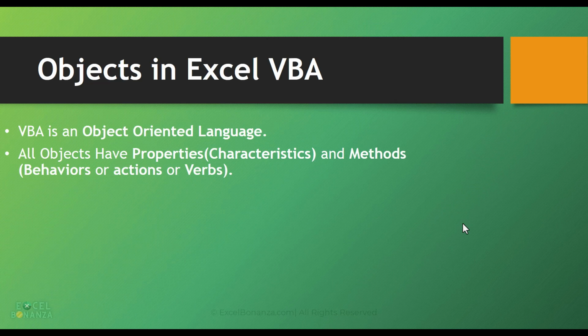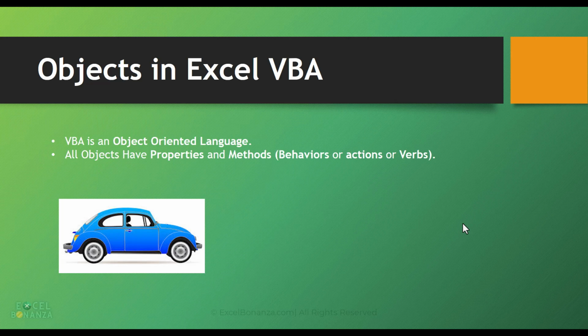And if you think about stuff around us as objects, so for example, a car is an object and it has some properties and methods. Part of the properties of the car is its color. So color is a property because it's something that you can describe the car with. The car's type, for example, as well.